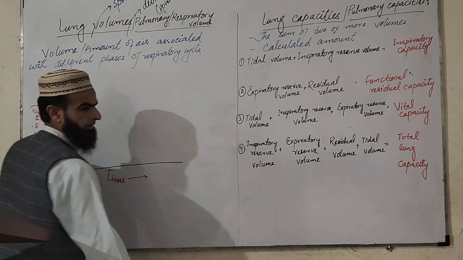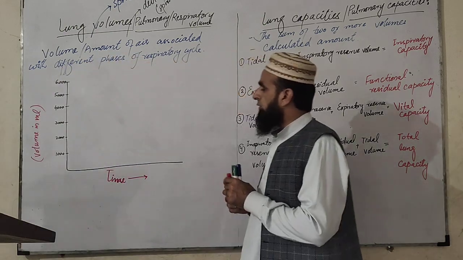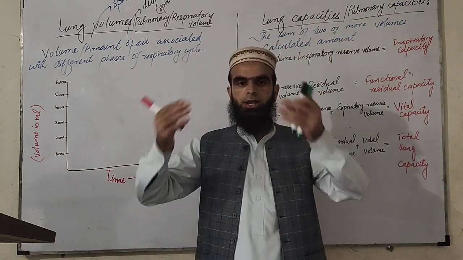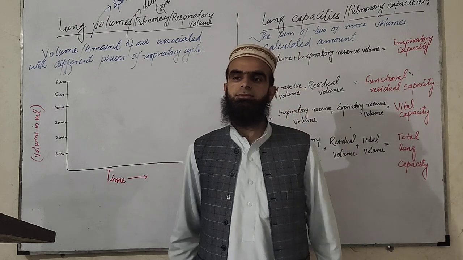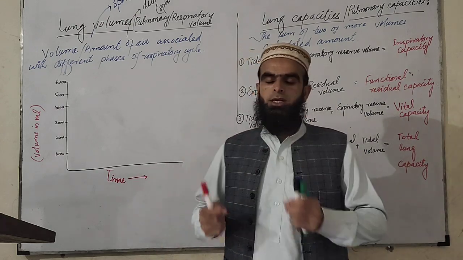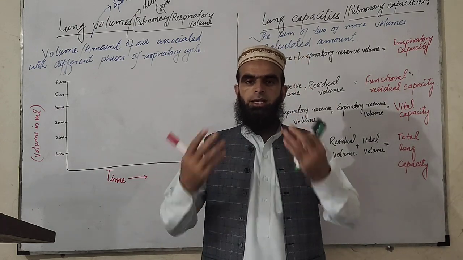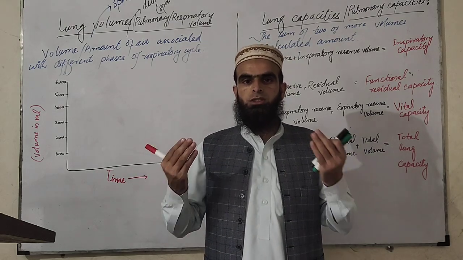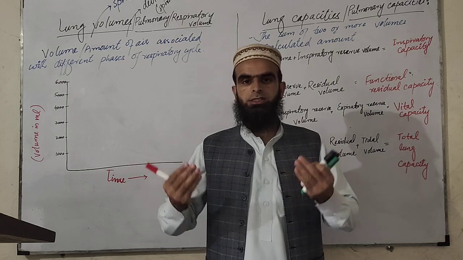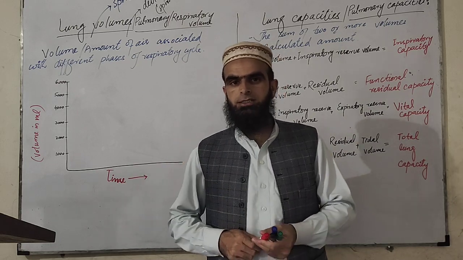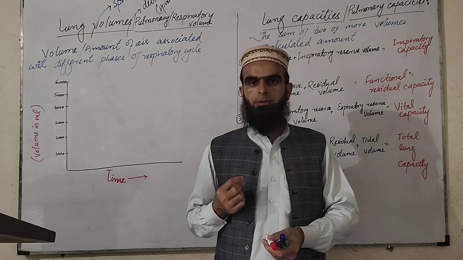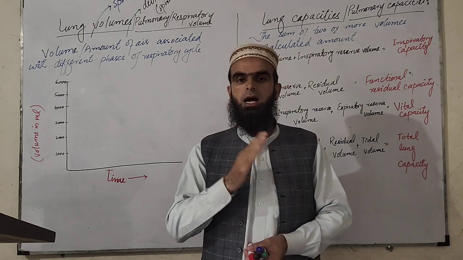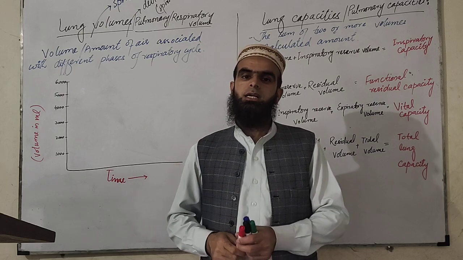So the first volume is the normal volume during normal breathing in and out of the air. For example, we are normally taking in and taking out the air. This is called the tidal volume, and it is said that during this normal breathing we take in and out about 500 ml, half a liter.